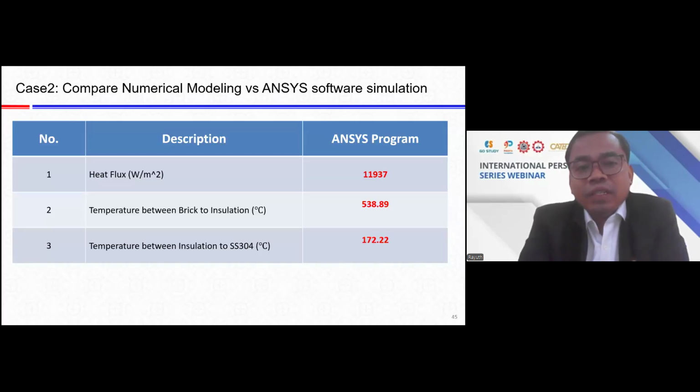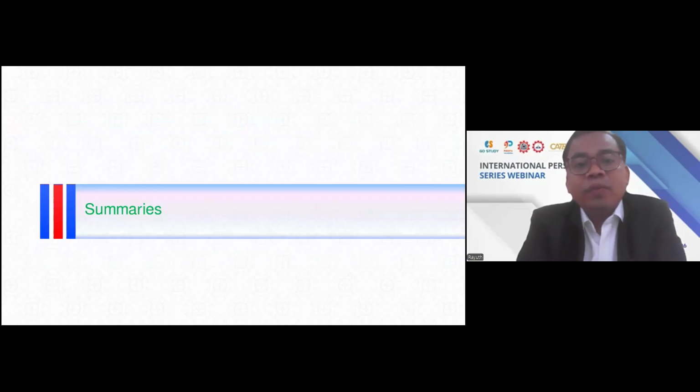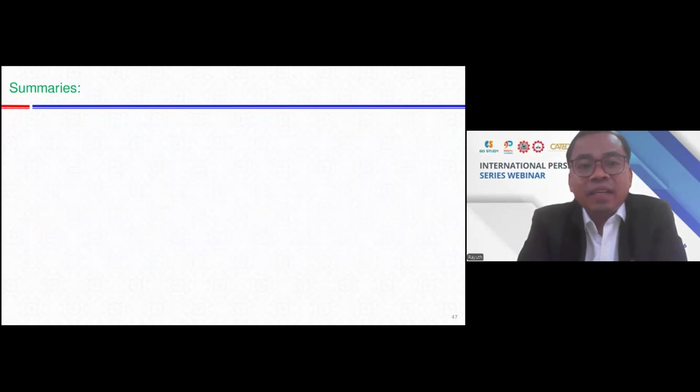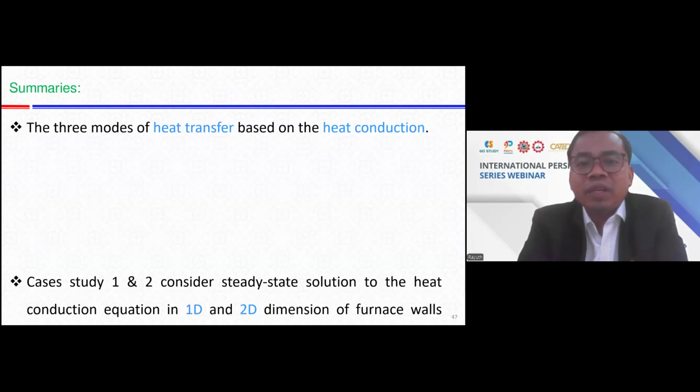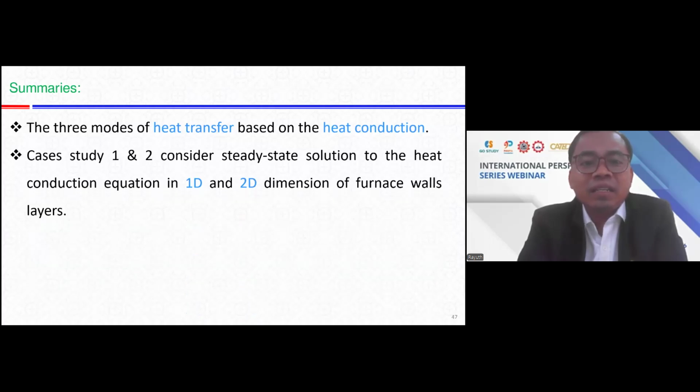For this end of the heat transfer, we apply mathematics and ANSYS software. For my summary, we have to understand more deeply the three modes of heat transfer, like I mentioned on the slide: conduction, convection and radiation.